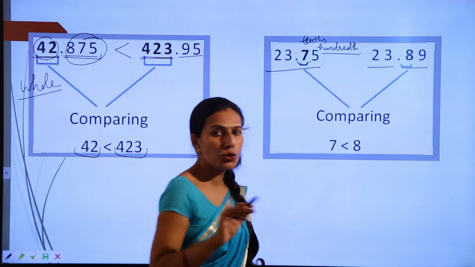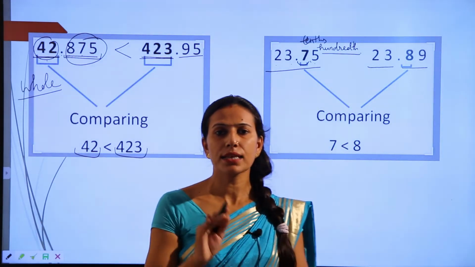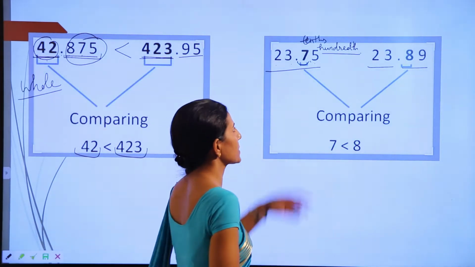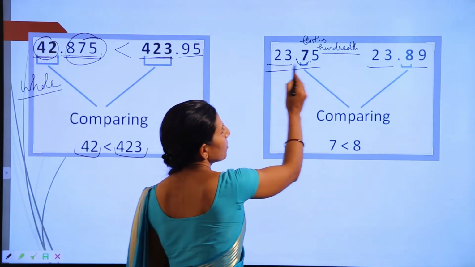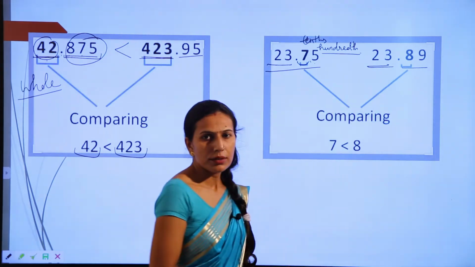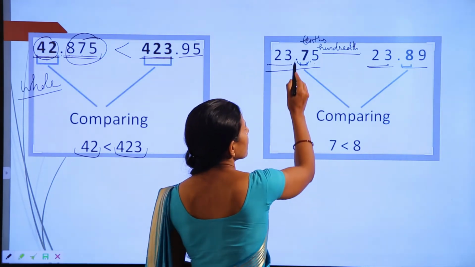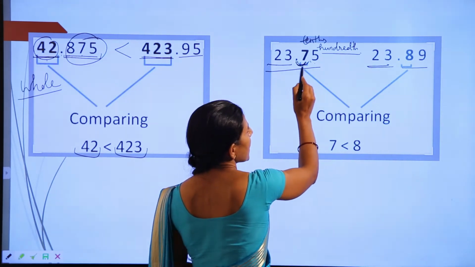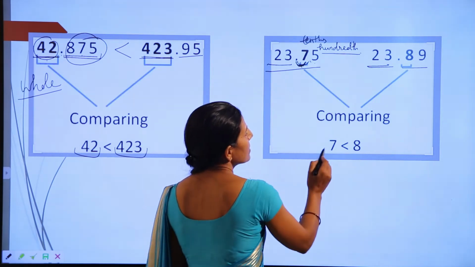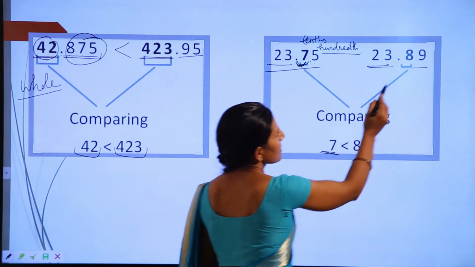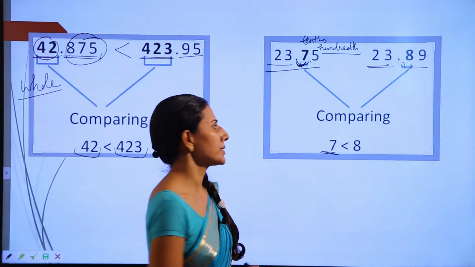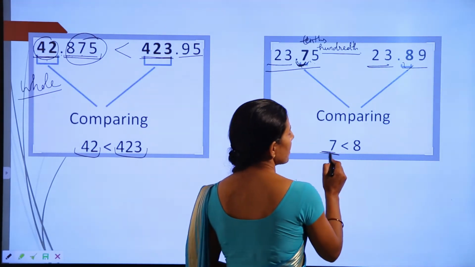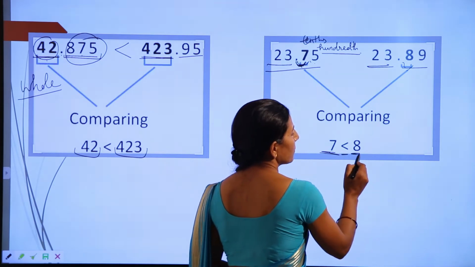So first of all you have to know about the places to the right side of the decimal. We can see the whole numbers are equal, right? So we will compare by the next place, means tens place. Here we have 7 at tens place and in this number we have 8 on tens place. So we can say that 7 is less than 8, right?